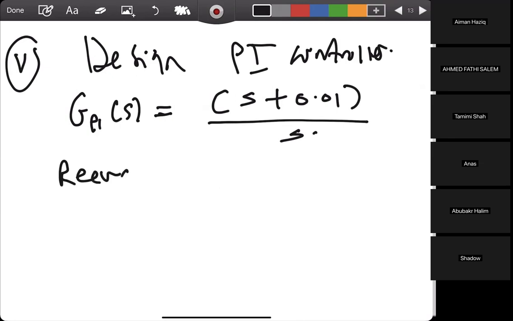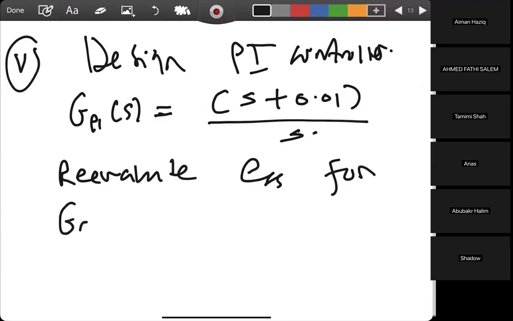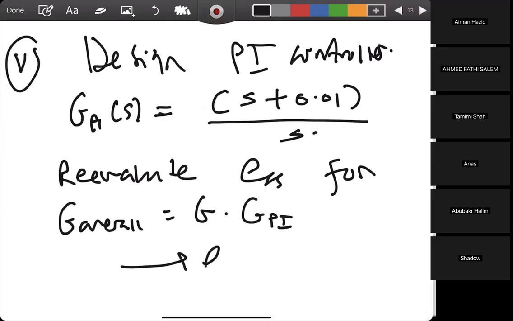Re-evaluate the steady state error for the overall G, and it will give you steady state error 0. Okay? Are you okay, guys?